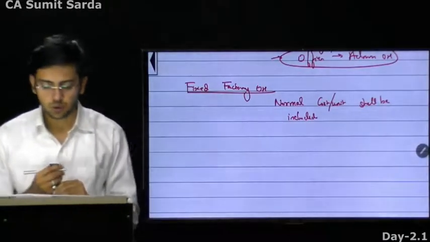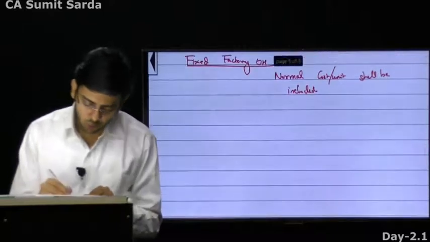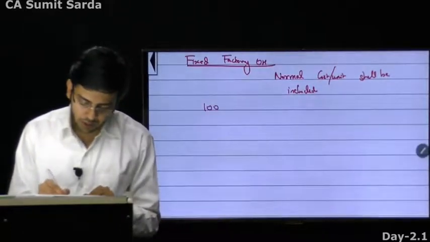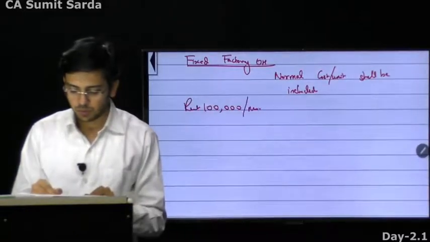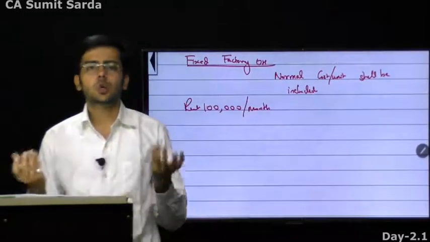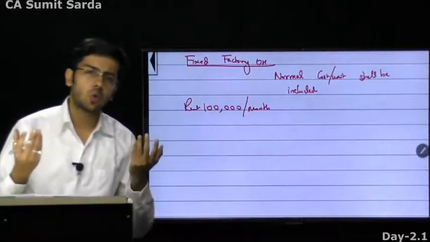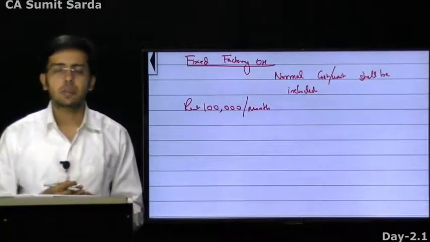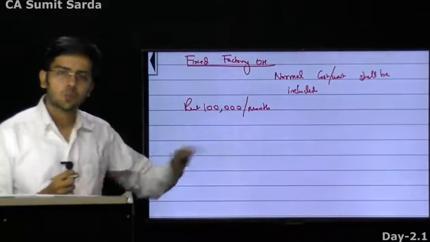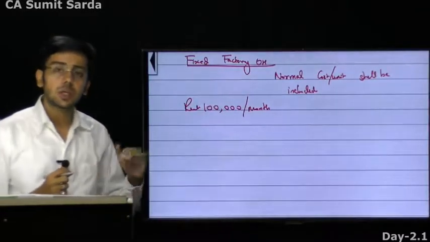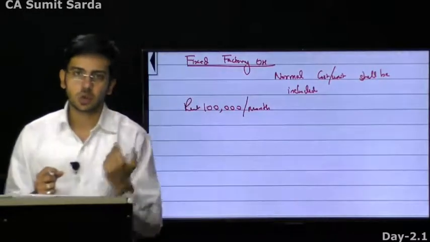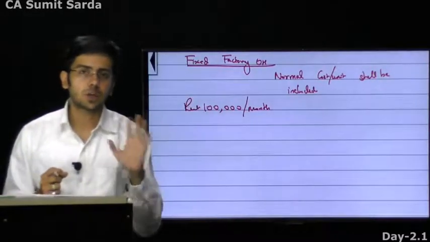Sir, what do you mean by normal cost per unit being included? Suppose I pay a factory rent of 1 lakh rupees per month. Whatever product I manufacture, whatsoever quantity I manufacture or not, I'll have to pay this 1 lakh rupees. I cannot reduce this. It can be increased in future for some other reason, let's say a rental clause, but it cannot be reduced.